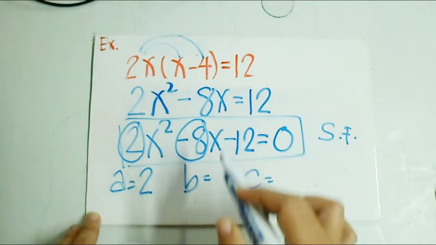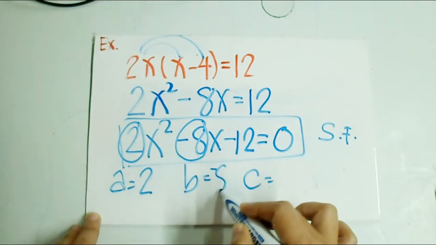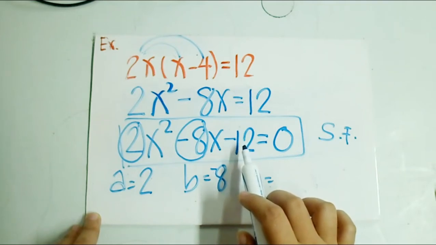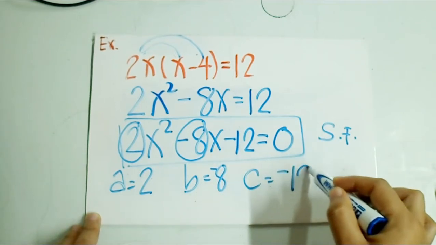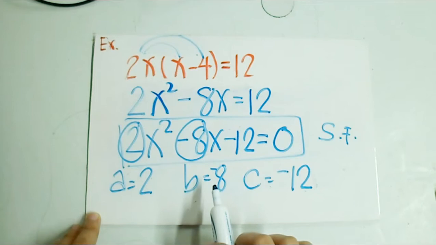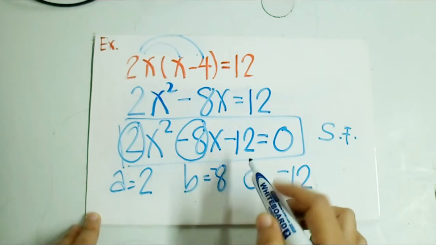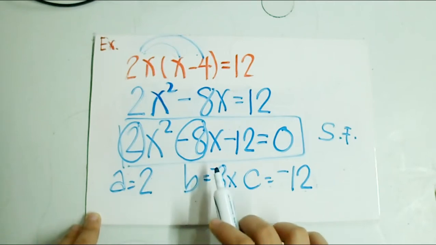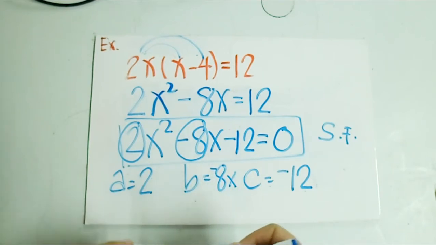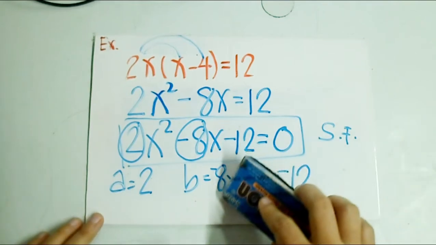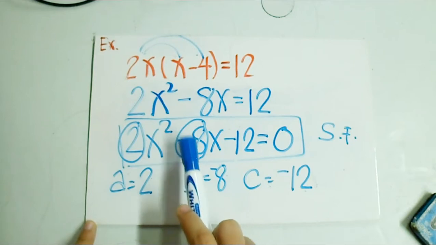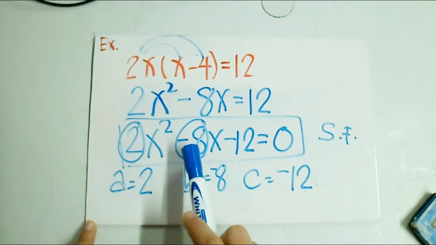So b is equal to negative 8. And for c, that is the constant, negative 12. A common mistake of my students is they write x for b. They usually write b equals negative 8x. That is wrong because b is only the number part, or the numerical coefficient, of the linear term.